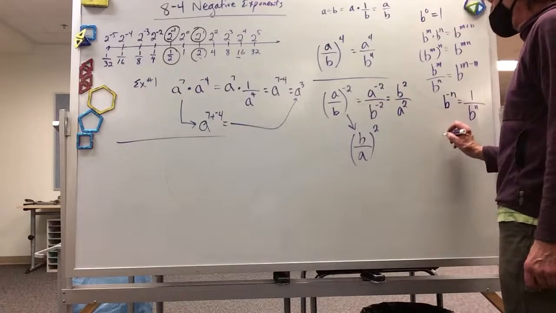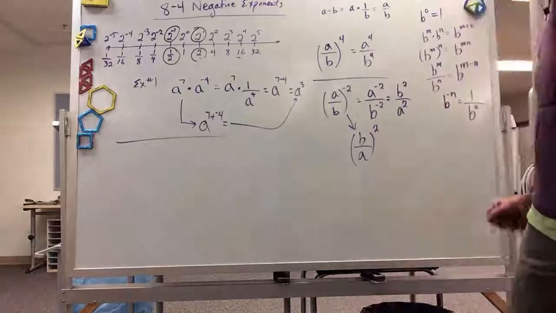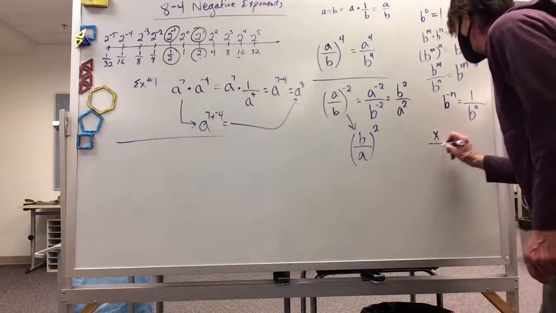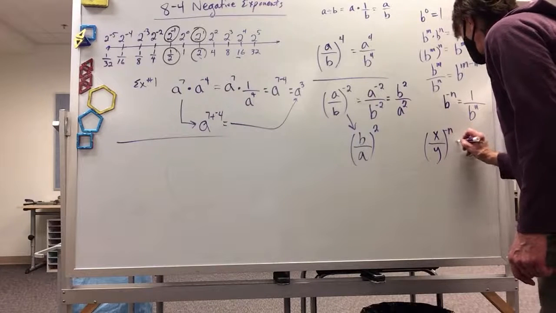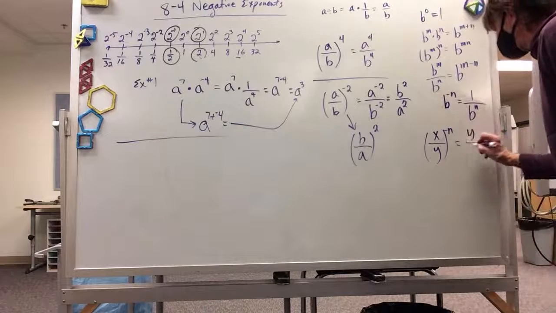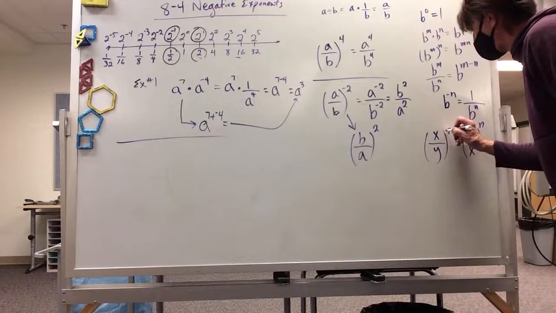So now, what do they use for variables in the book? They use x and y and n. So x over y to the negative nth power is equal to y over x to the positive nth power.